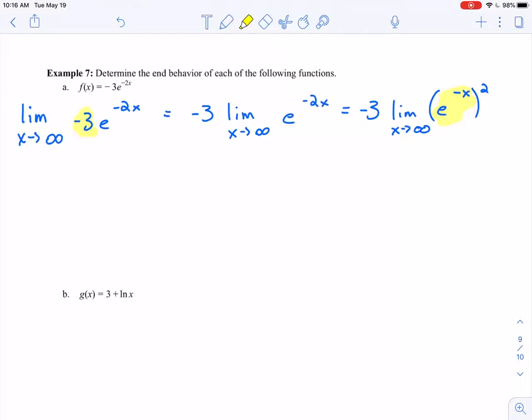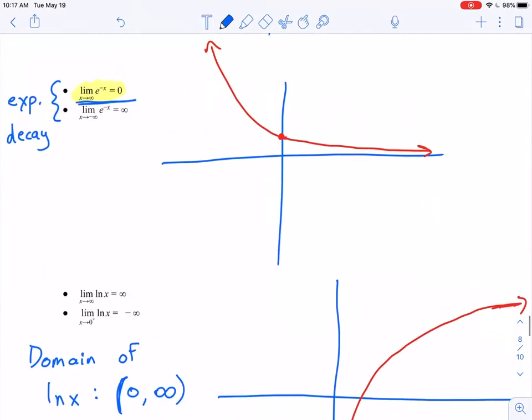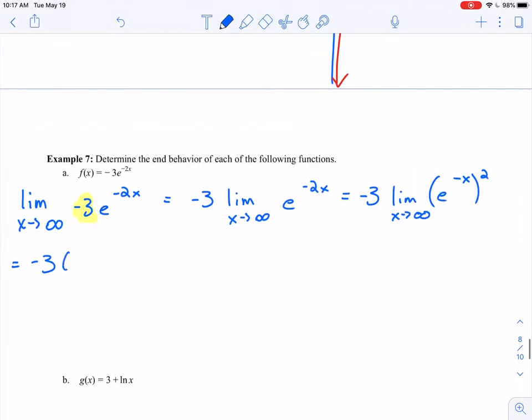Negative 3, I just said that if you look at the limit of e to the negative x, we said that was 0 up here. So I have negative 3 times 0 squared, which would be negative 3 times 0, means that this limit should approach 0.